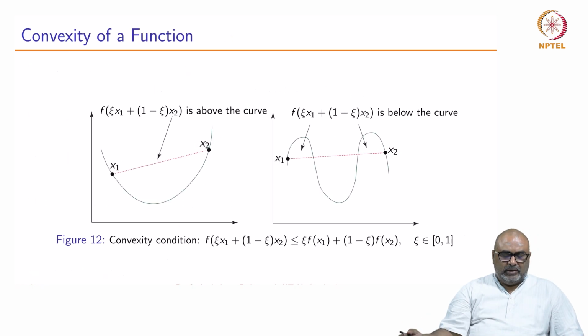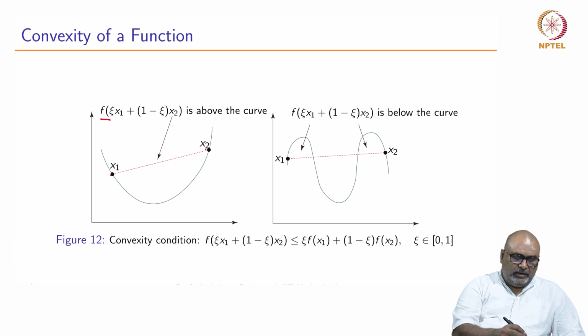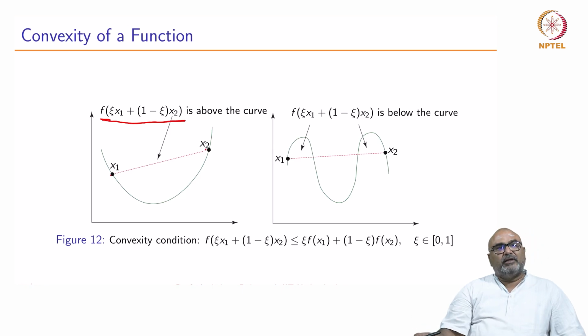So, what is the meaning of a convex function? If we have two points x1 and x2, and f is a function which is defined like this, then f of xi times x1 plus 1 minus xi times x2 is above the curve, and if x1 and x2 are any two points on the domain, then we say that convexity is satisfied.